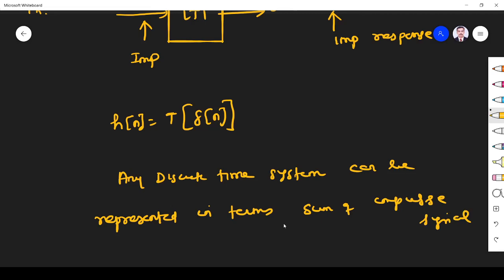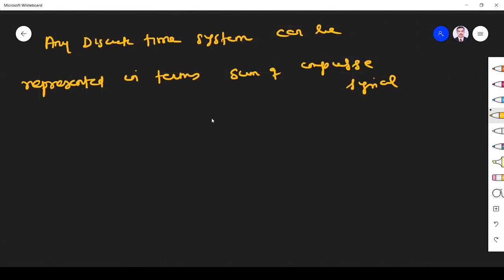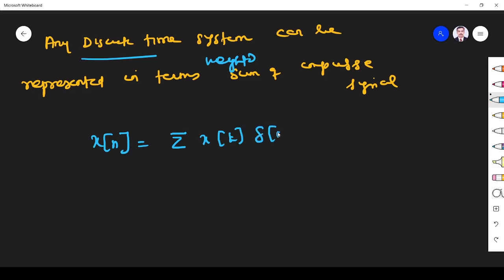In a mathematical expression, any discrete time signal x of n can be written as a weighted sum of discrete impulses: x of k del of n minus k, where k goes from minus infinity to plus infinity.